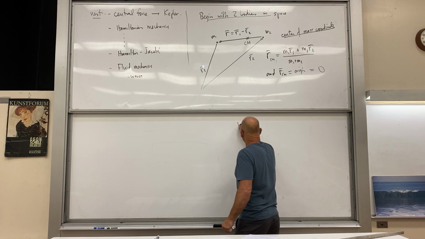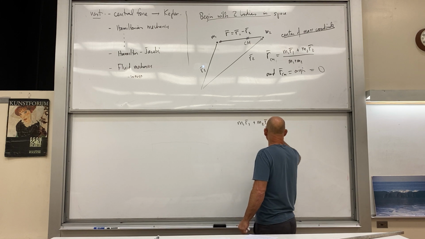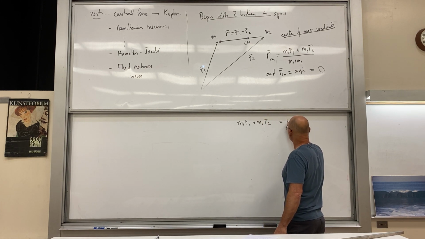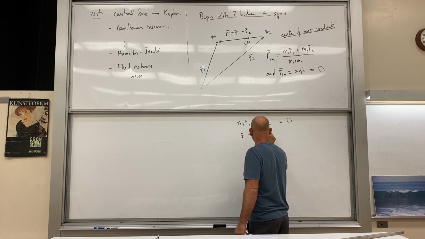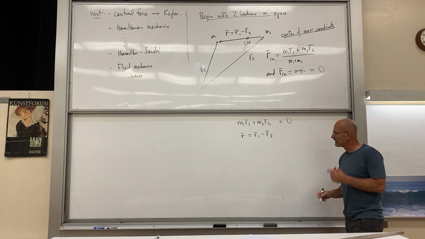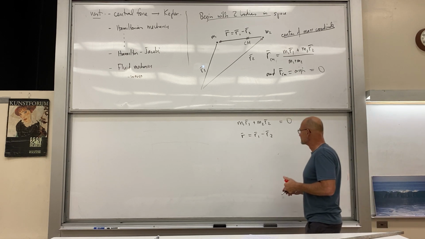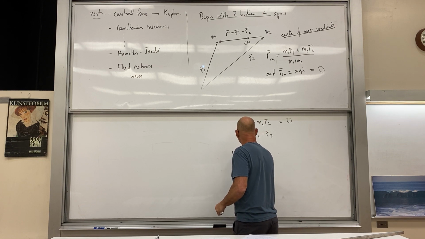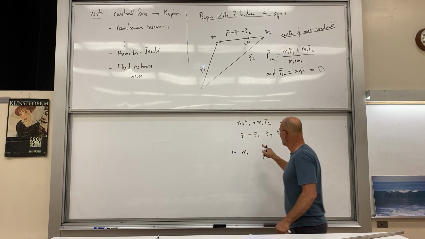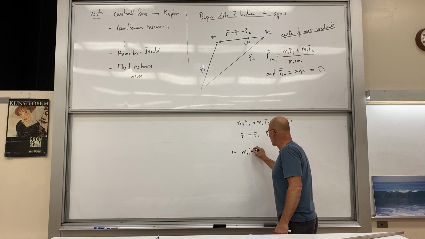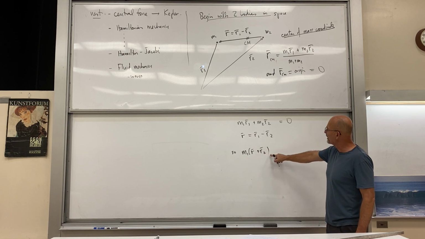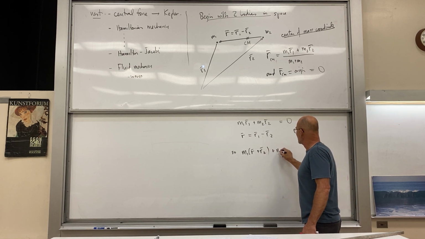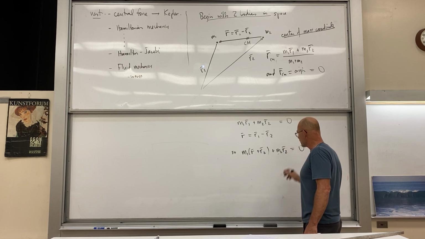So we have m1 r1 plus m2 r2 is equal to 0. It's the numerator up there, and r is equal to r1 minus r2. So we have two equations, and we can figure this out now. So r1 will be r plus r2. So m1 (r plus r2) plus m2 r2 is equal to 0.